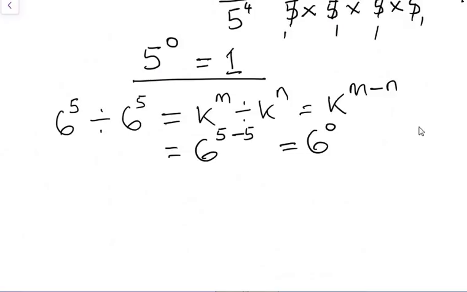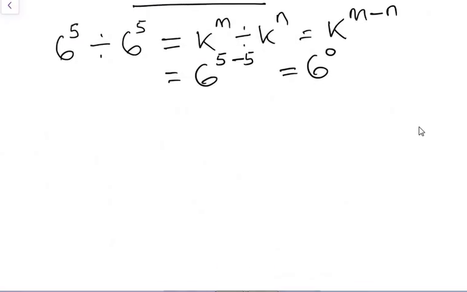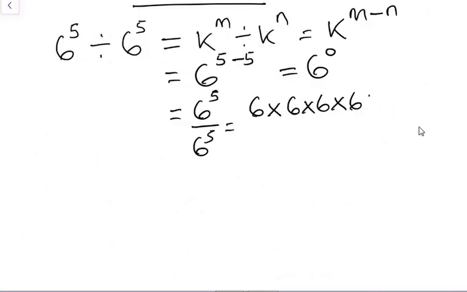So we want to prove it to ourselves that any number raised to the power of 0 equals 1. So we can say 6 raised to power 5 divided by 6 raised to power 5, and that is 6 in 5 places. So we have 6 in 5 places, and 6 again in 5 places.